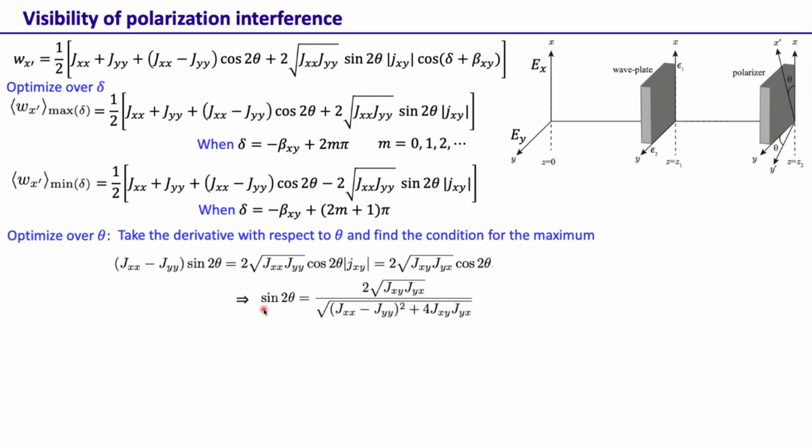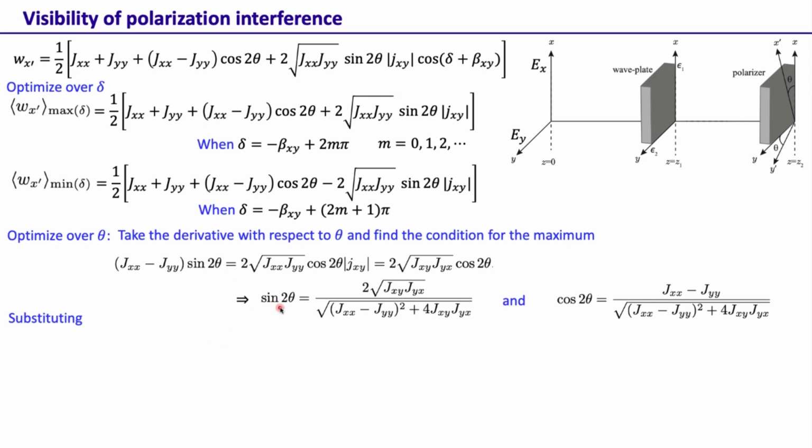This basically implies that sine 2 theta at the maximum has this expression: twice the square root of jxy jyx divided by the square root of (jxx minus jyy) whole square plus 4 jxy jyx. This is just the condition that comes for the maximum, and cosine 2 theta has this expression. So that's the condition for the maximum of this quantity over theta.